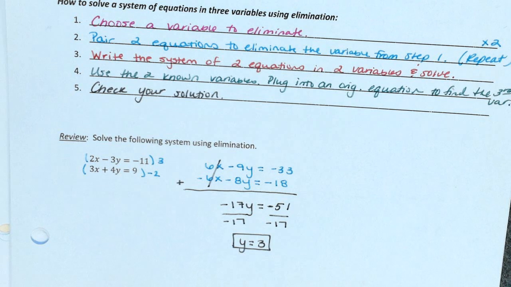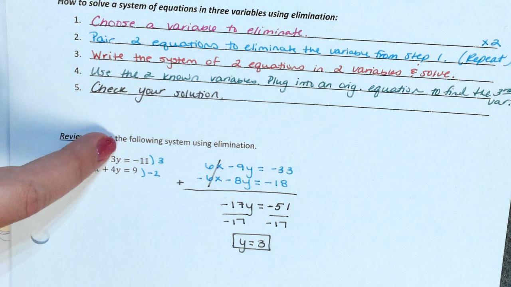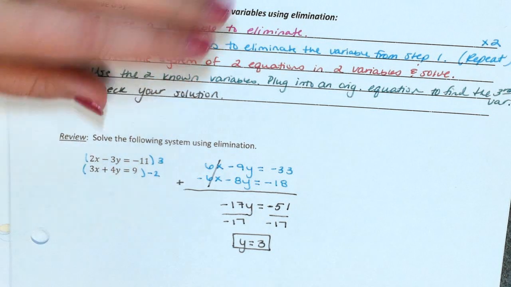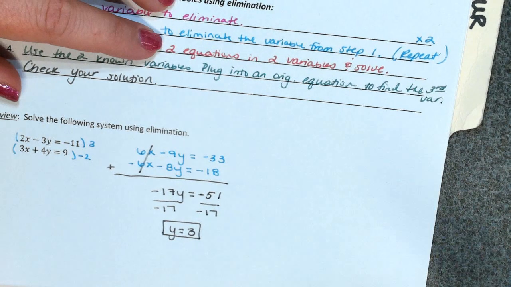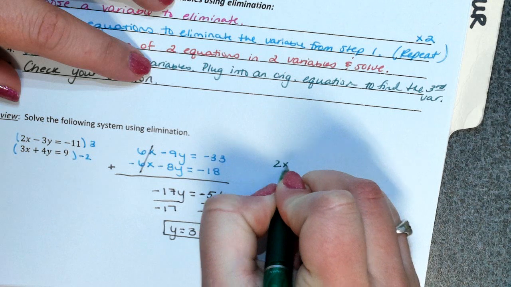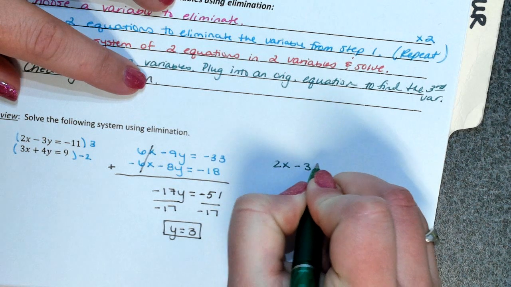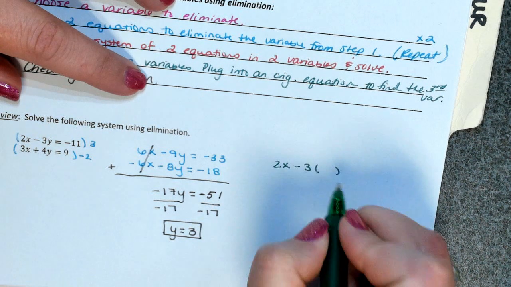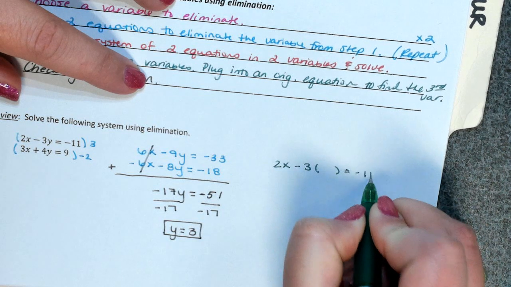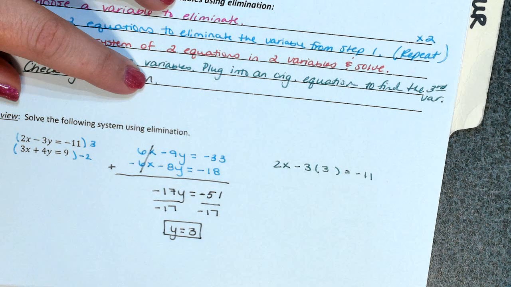I still need to find the x. What do I do to find the x? Yeah, plug in the y where there's a y. It doesn't matter if you use the first equation or the second equation. But we're going to say, okay, if I want to use the first equation, I have 2x minus 3 times y, which I know, equals negative 11. Well, y is 3.